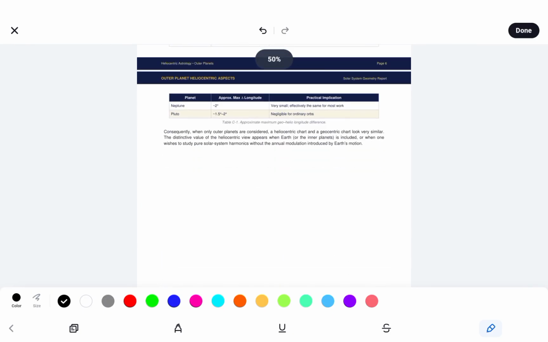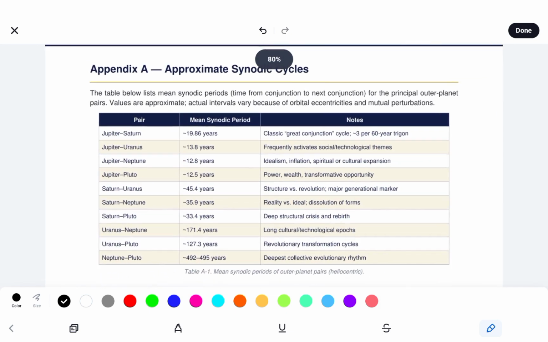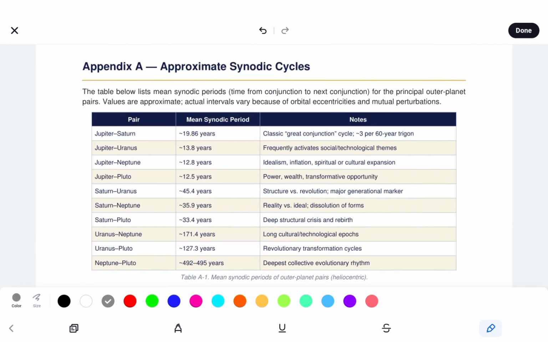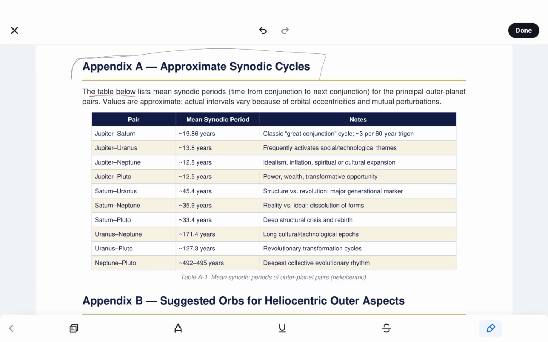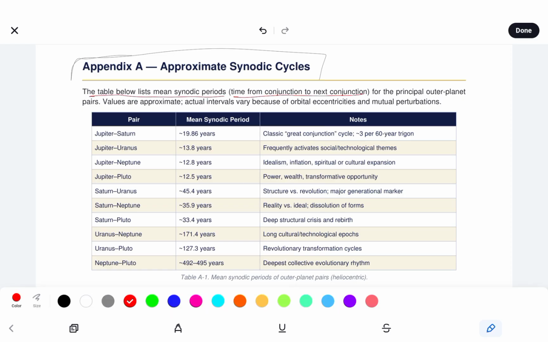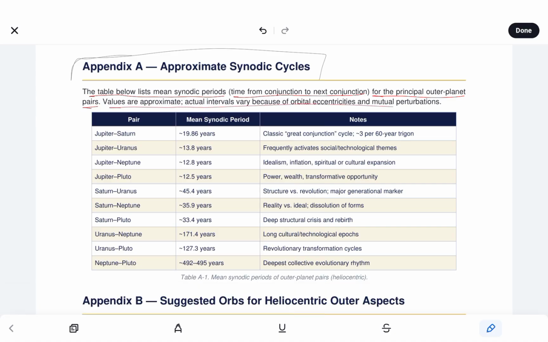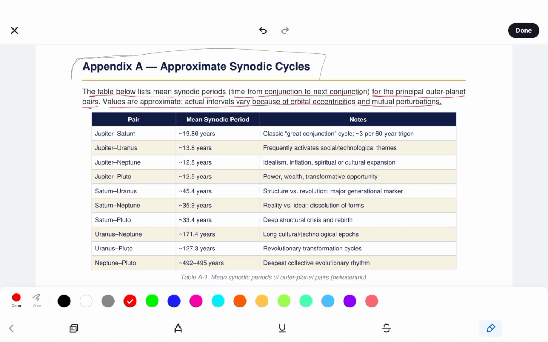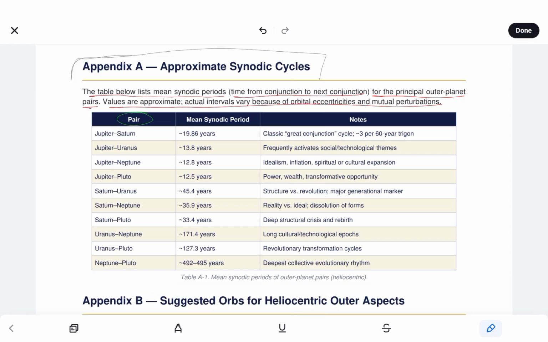Alright, so we have 3 appendixes we're going to look at here. We see the approximate synodic cycles for Appendix A. The table below lists mean synodic periods, the time from conjunction to next conjunction, for the principal outer planet pairs. Values are approximate and actual intervals vary because of orbital eccentricities and mutual perturbations. So we see the pair, mean synodic period, and the notes.